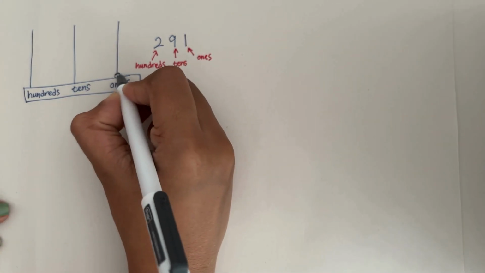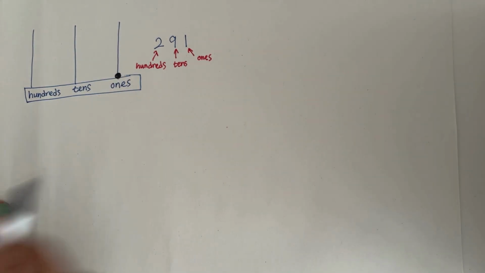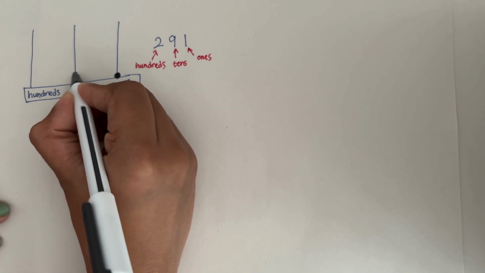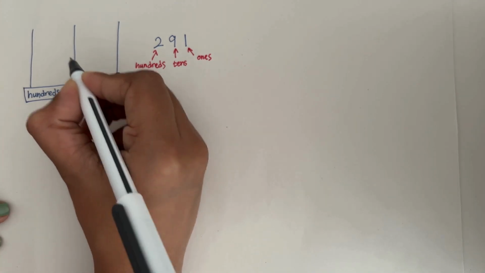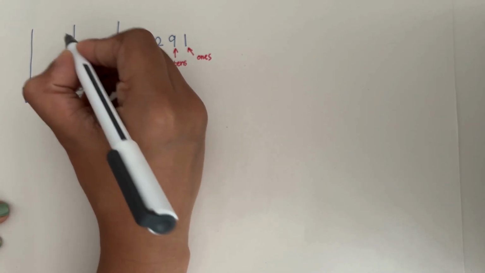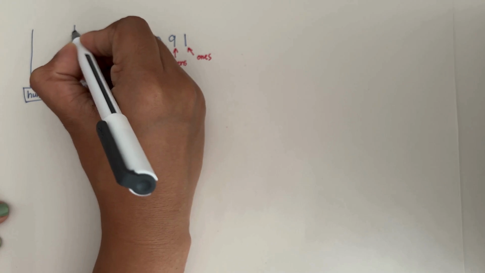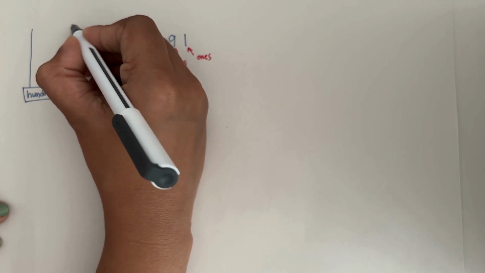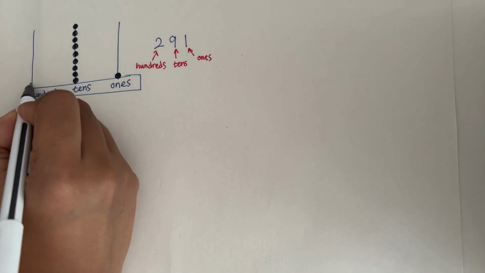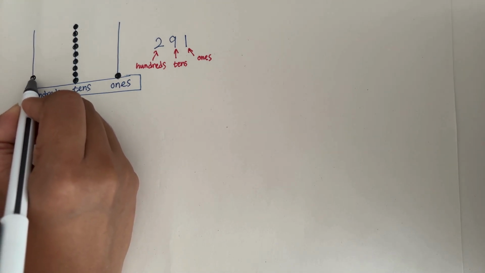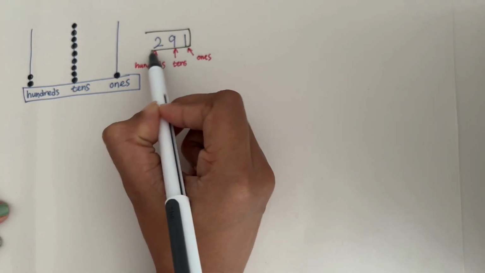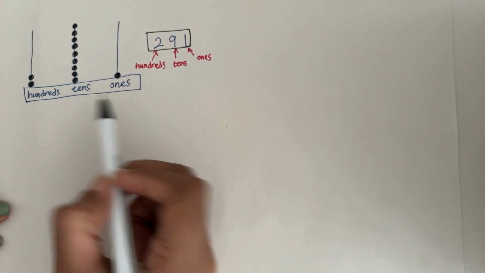Ones we have 1. Tens we have 9. 1, 2, 3, 4, 5, 6, 7, 8, and 9. Hundreds we have 2. So this is how you represent a number on the abacus.